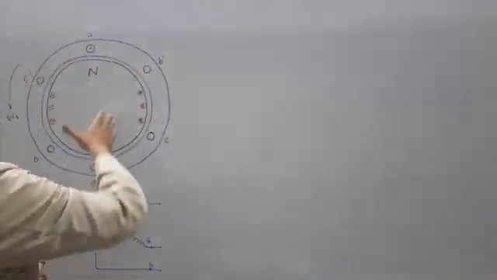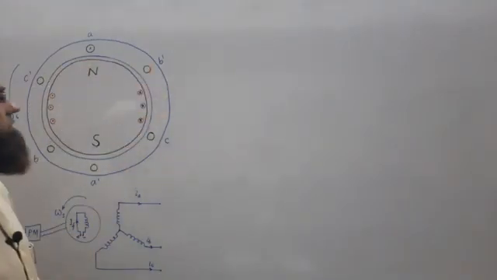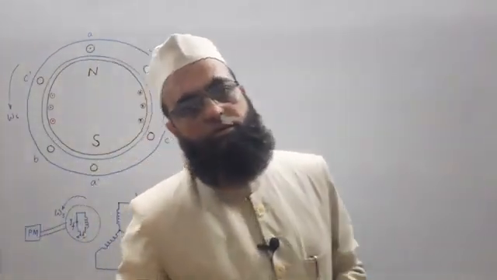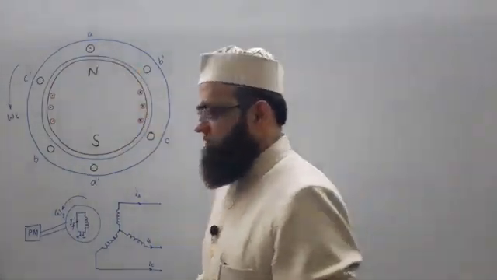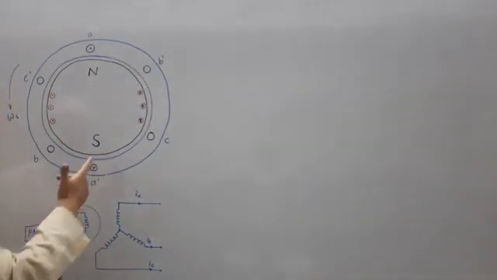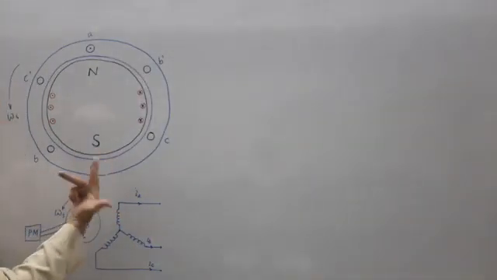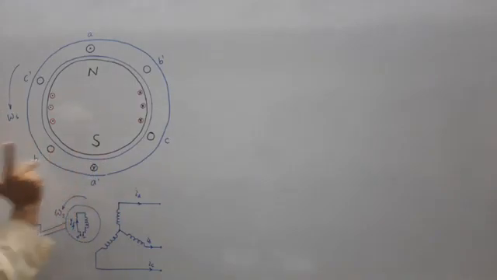Similarly, we can get the direction in the others. Before that, suppose load is connected. So once EMF is induced here, and here what will that be? Cross. Here it will be cross with the help of FBI. Now F is this, B is upward, so I is downward, cross.